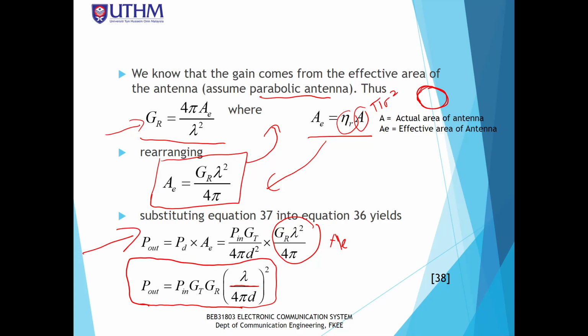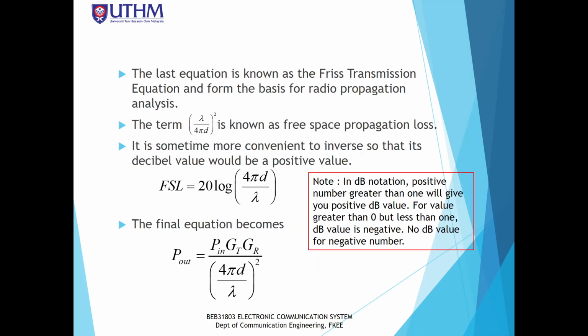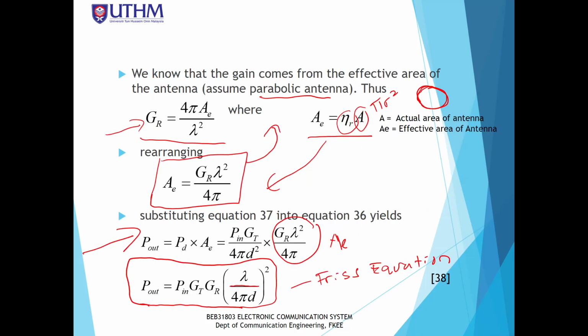So this is also known as the Friis equation. So the last equation, also known as the Friis transmission equation, is from the basis of radio propagation. Dia dipanggil sebagai Friis transmission equation. Okay, so this is the Friis transmission equation.